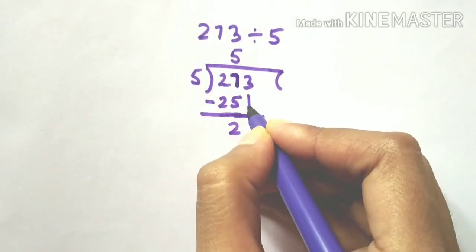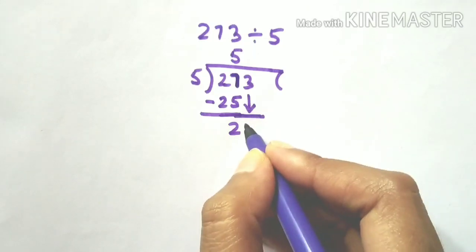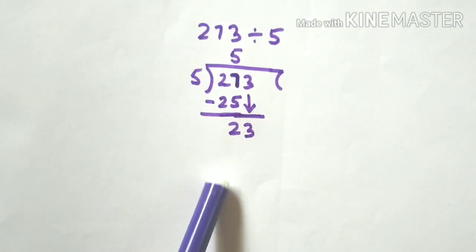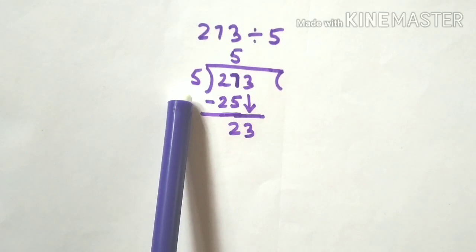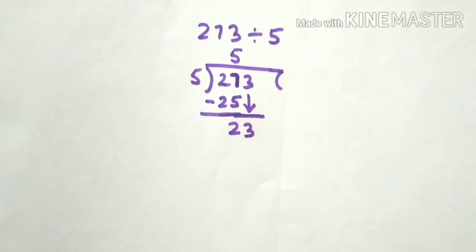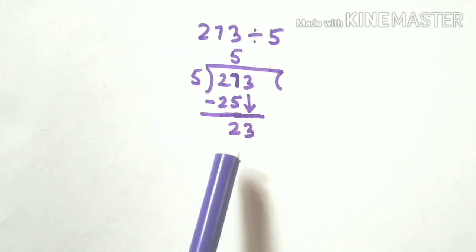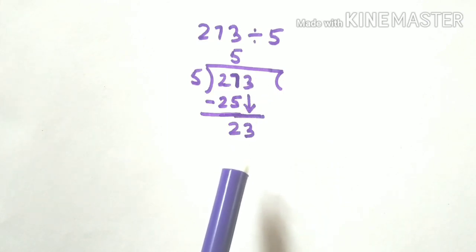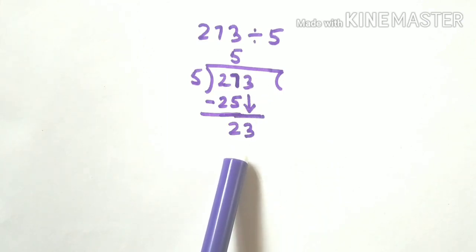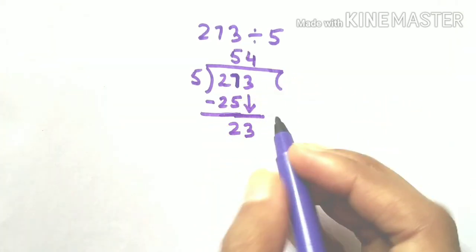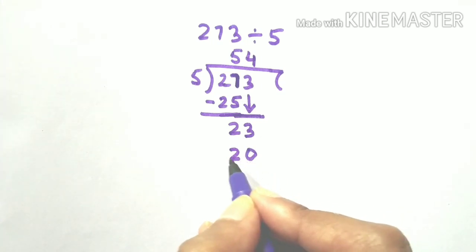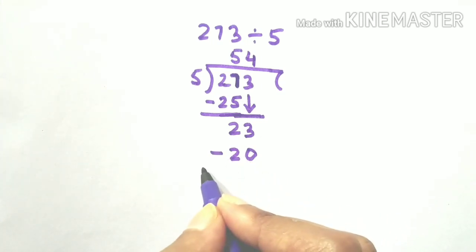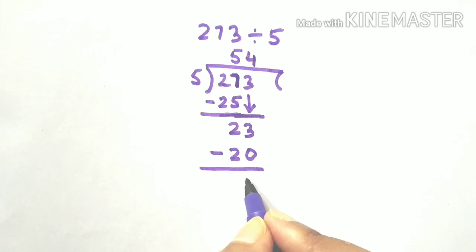So bring down the next digit, that is 3. Now 23 is greater than 5. So now we will try to divide 23 by 5. So 5 multiplied by what number is equal to or nearest to 23? 5 multiplied by 4 is 20, which is nearest to 23. So when we subtract 20 from 23, we get 3 as the remainder.